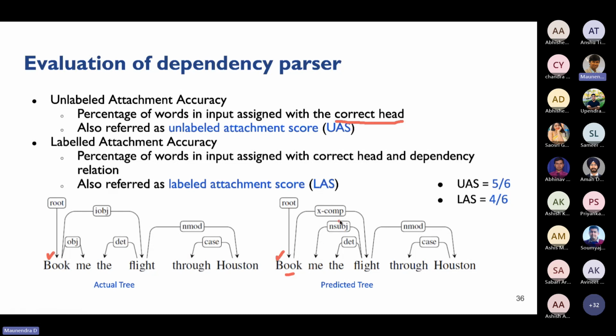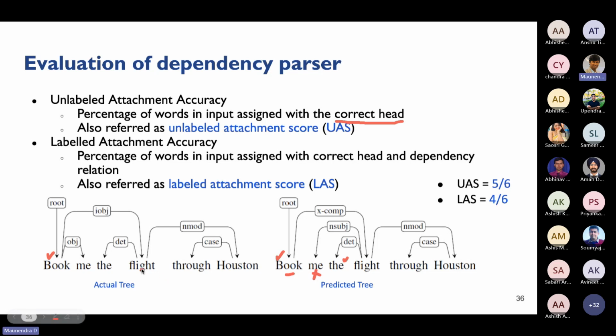For the word me, the head is flight here, but in the ground truth the head is book, right? So this does not match. For the word the, the head word is flight. The same thing is here also. So this is correct. For flight, the head node is me.